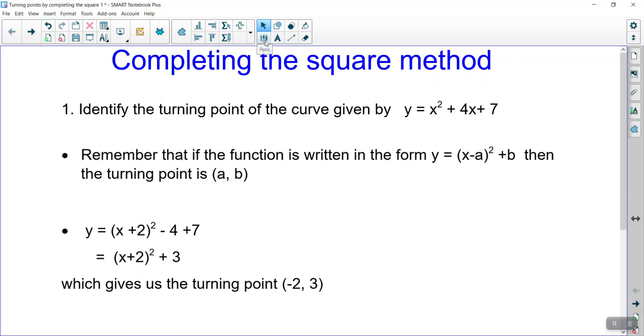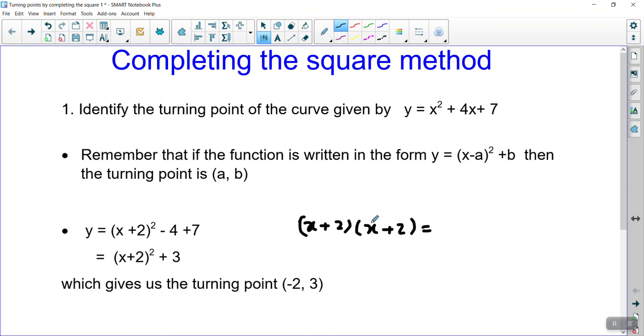Now if you're wondering what's happening here, let me show that. If you do x plus 2 whole squared, that means repeat the bracket twice, x plus 2 times x plus 2, which would give us x times x, x squared. X times 2 gives us 2x.